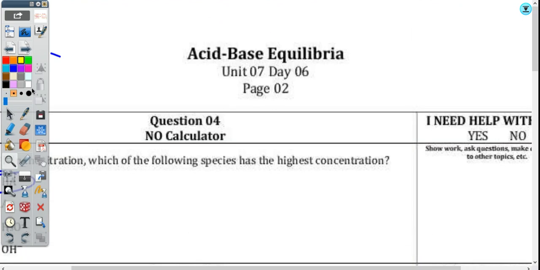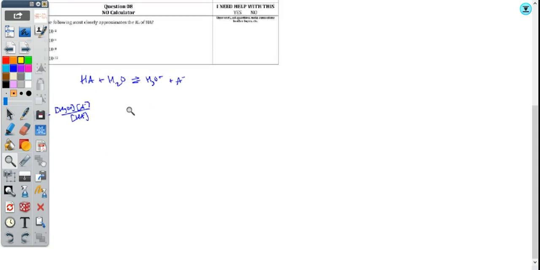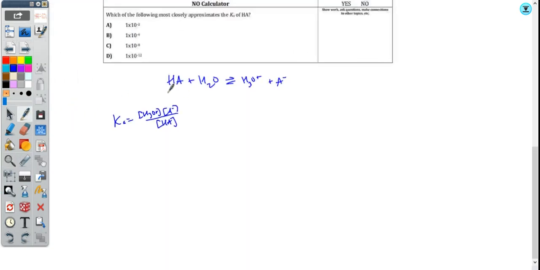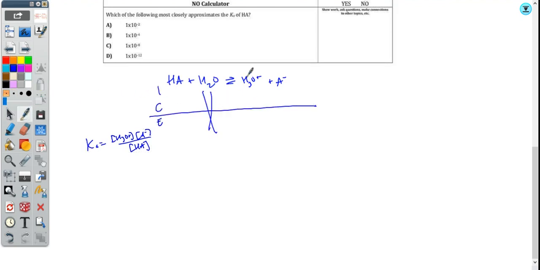So what I could do here is set this ICE table up. My pH is around 2, so that means I've got a hydronium ion concentration that's around 1 times 10 to the minus 2, which means this went up. This also went up.